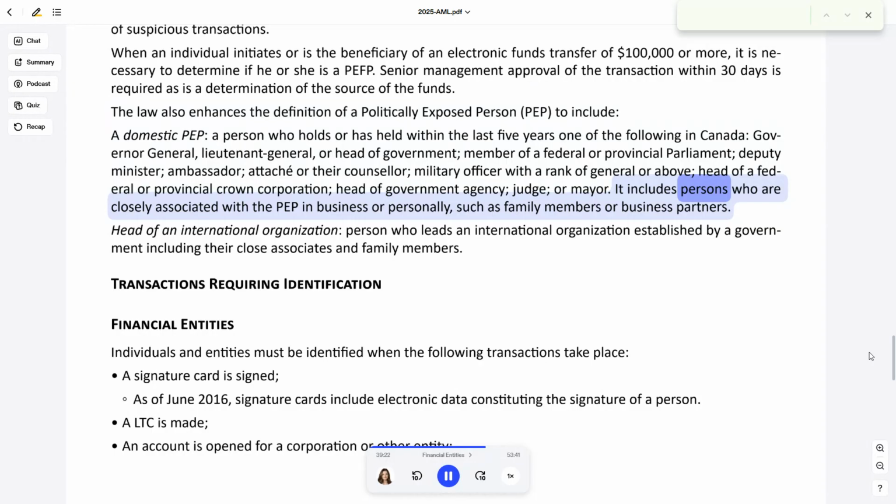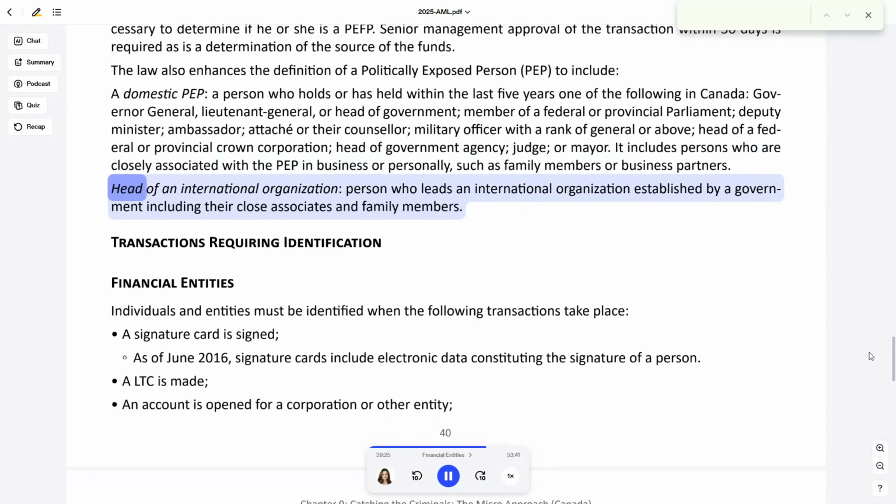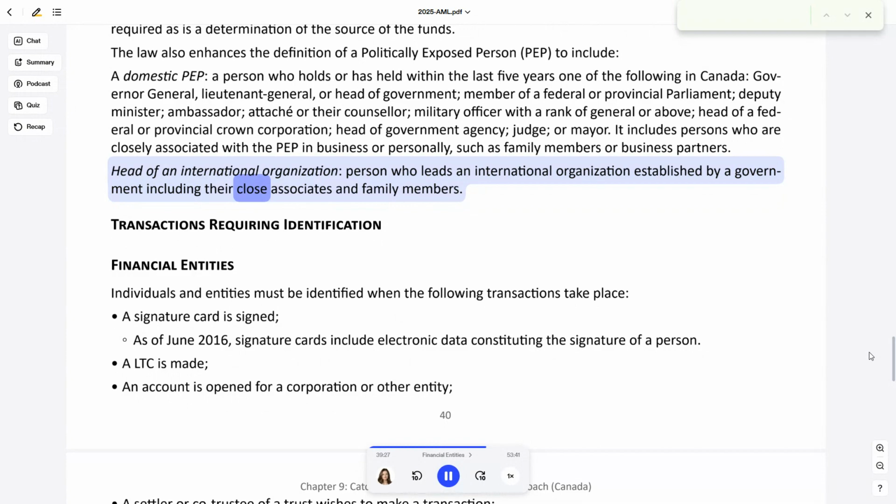It includes persons who are closely associated with the PEP in business or personally, such as family members or business partners. Head of an international organization: person who leads an international organization established by a government, including their close associates and family members.